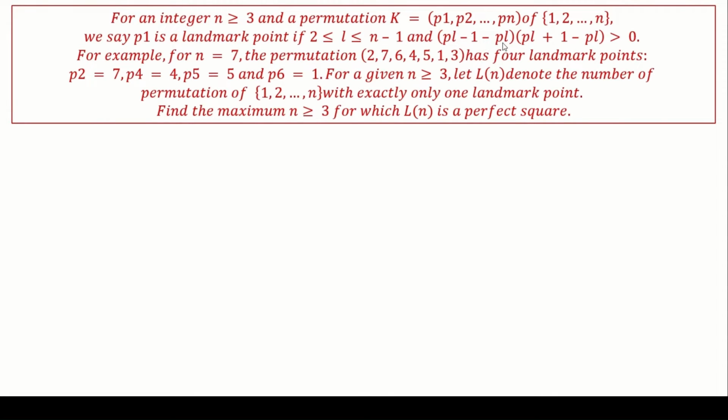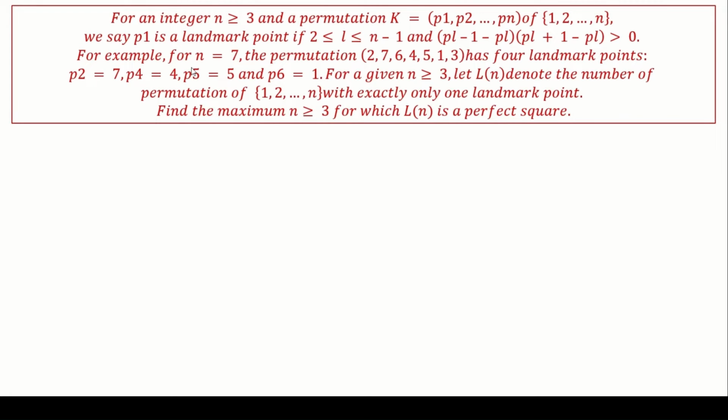The previous number minus pl, into the next number minus pl, should be greater than or equal to 0, which means pl should be either less than the neighboring numbers or greater than the neighboring numbers. Only then it is called a landmark point.